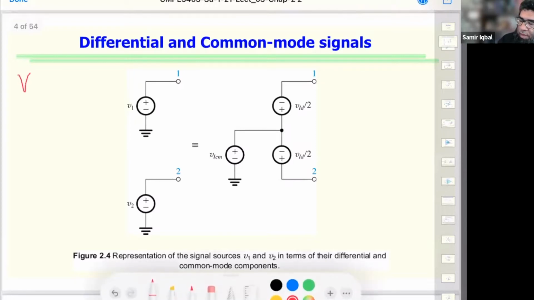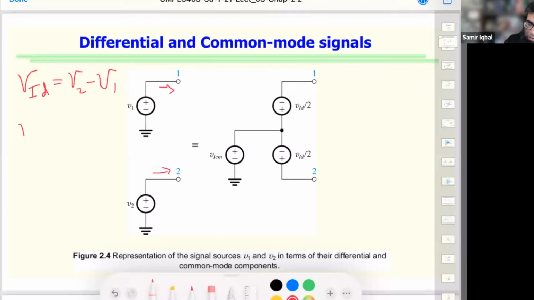The input differential, VID, is the difference between those two signals, right? This is what is coming to terminal 1 and terminal 2. But if it has a common mode signal as well, we have to see how much of it gets to the terminals of the op-amp.